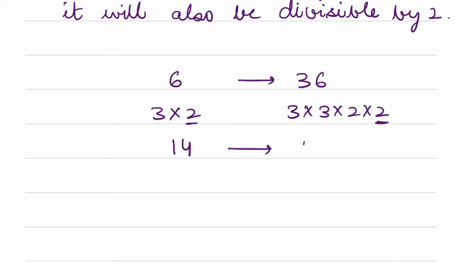Its square is 196. It has factors 7 into 7 into 2 into 2, and 14 has factors 7 into 2. So if 196 is divisible by 7, then 14 is also divisible by 7. Or if 196 is divisible by 2, then 14 is also divisible by 2.